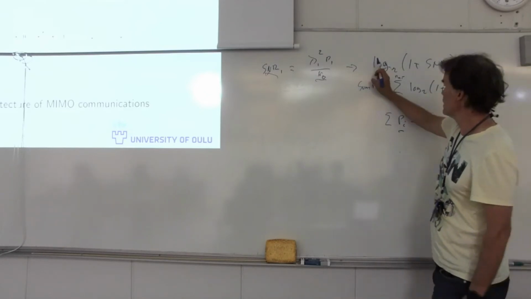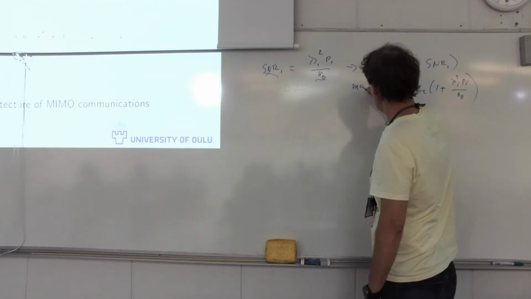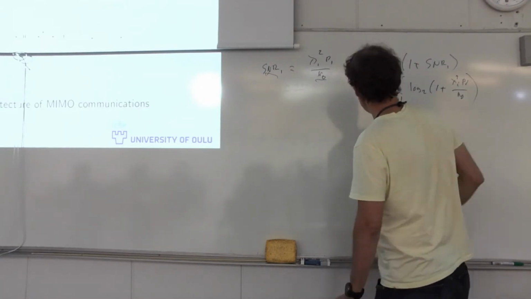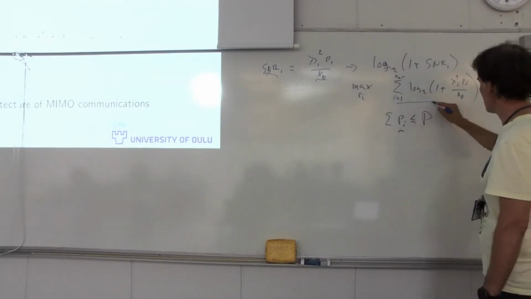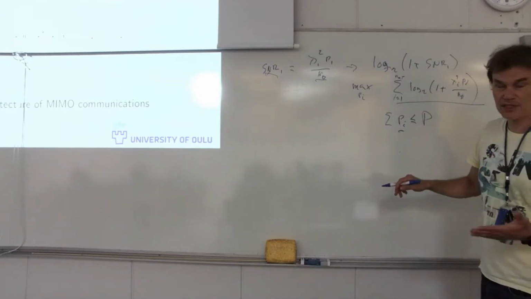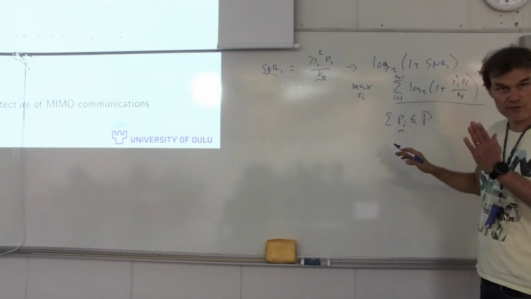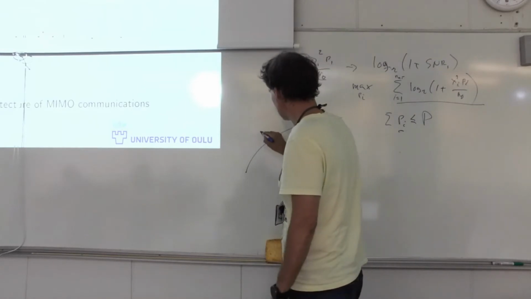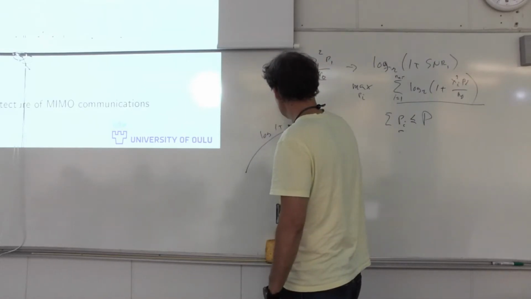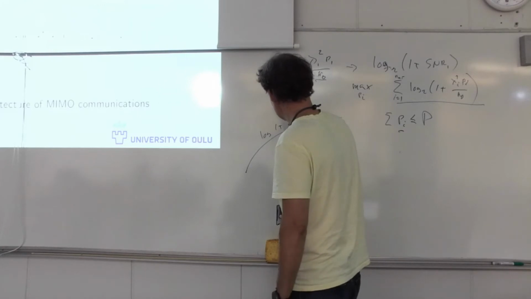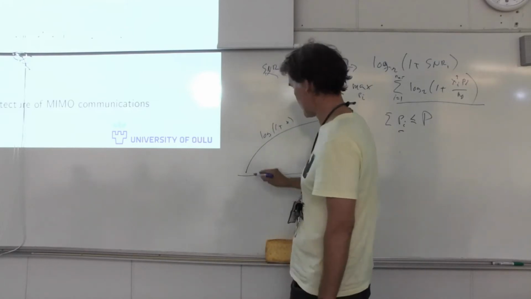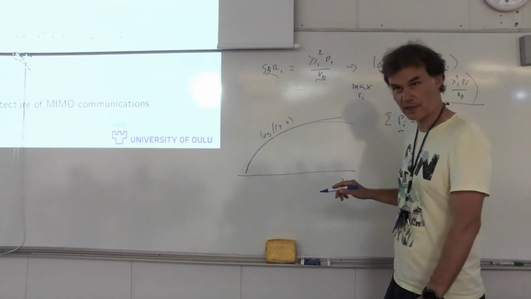So now we have an optimization problem. We want to maximize with respect to the scalars P i this objective, the sum rate, which is a concave function of P. If you plot log of 1 plus x, it's a function of x, it's a concave function, right?